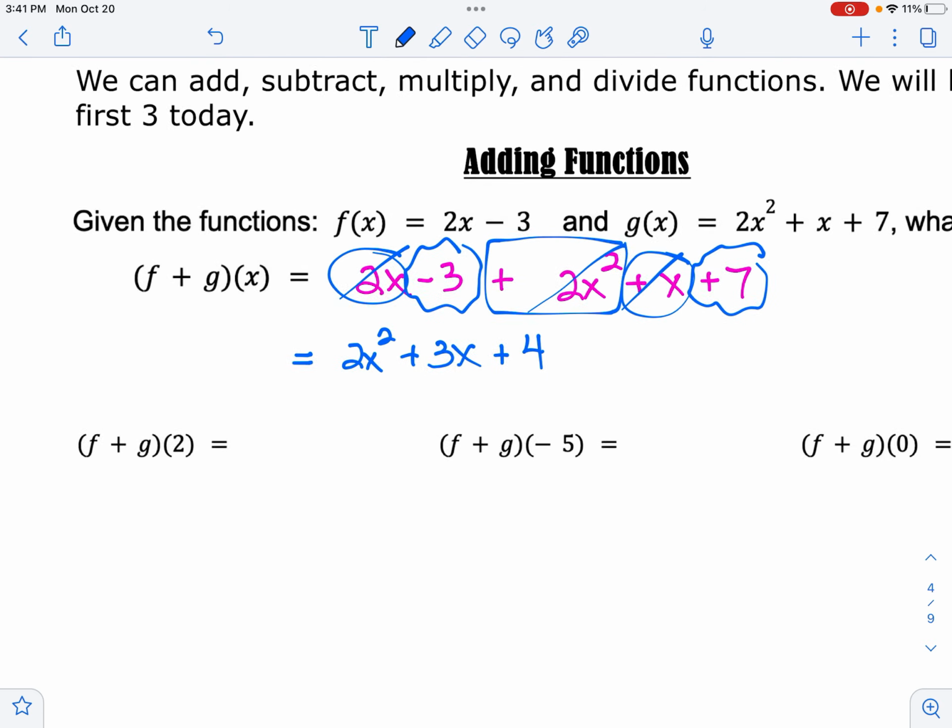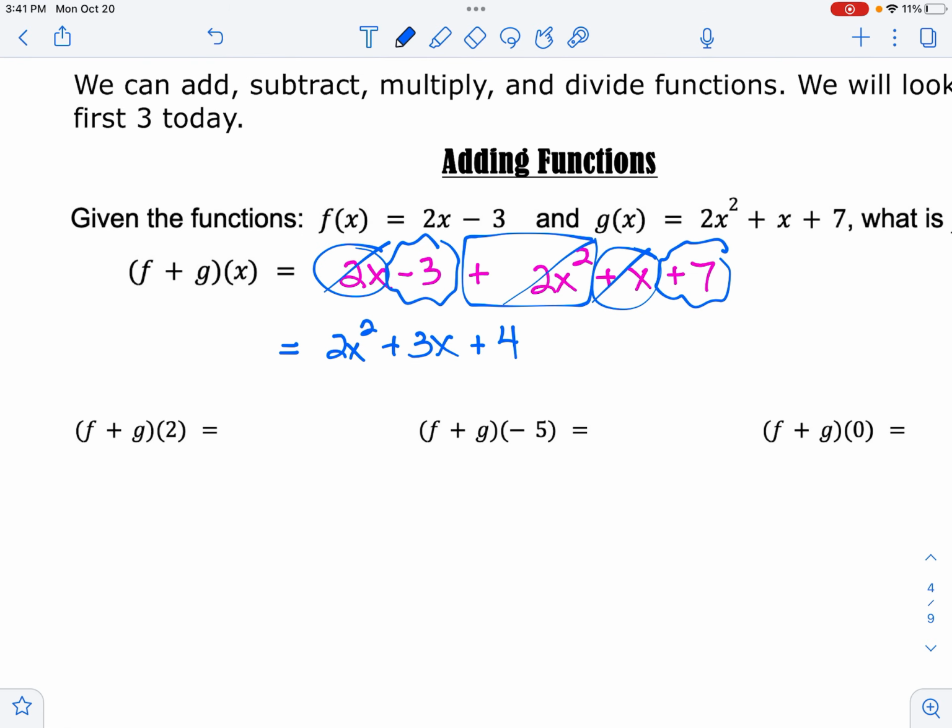Okay, so now it says here they want us to evaluate this function at 3 different values: 2, negative 5, and 0. So all that means is I'm just going to put those values in for x in my new function. Okay, so let's try it. I'll write out this first one here.